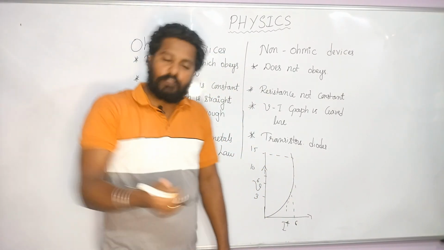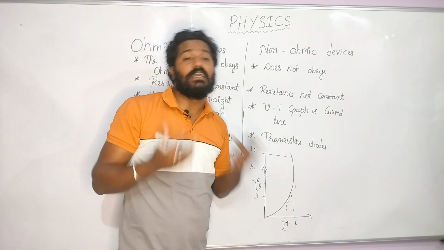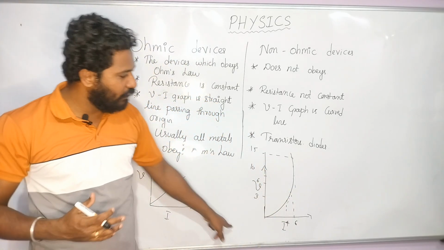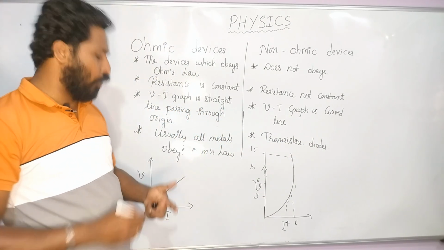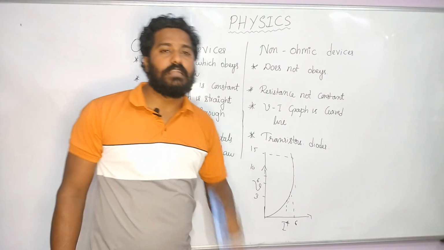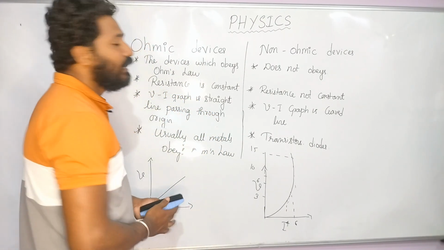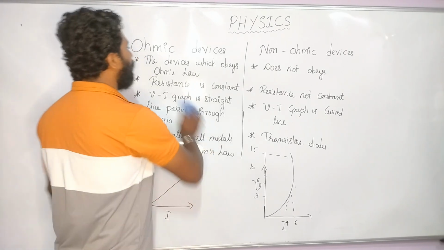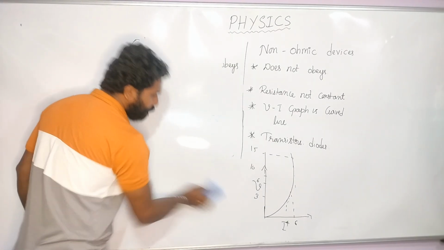Even though we increase the voltage, the current is not increasing. Such a curved graph you will get. Usually all metals obey Ohm's law, and transistors and diodes do not obey Ohm's law. So this is about the differences between ohmic and non-ohmic devices.